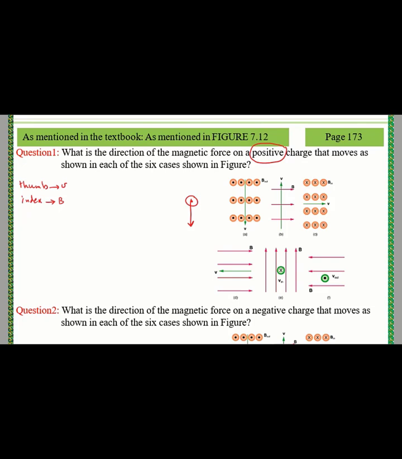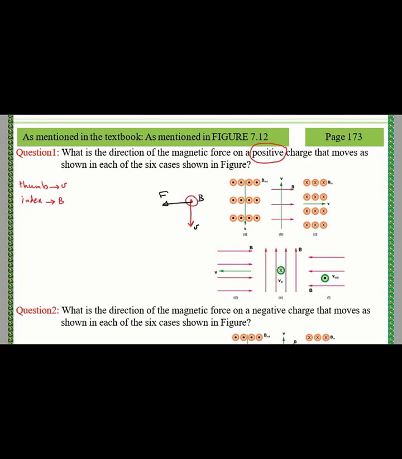If the index is pointing to you and the thumb downward, the force is to the left. This is F, this is V, this is B.